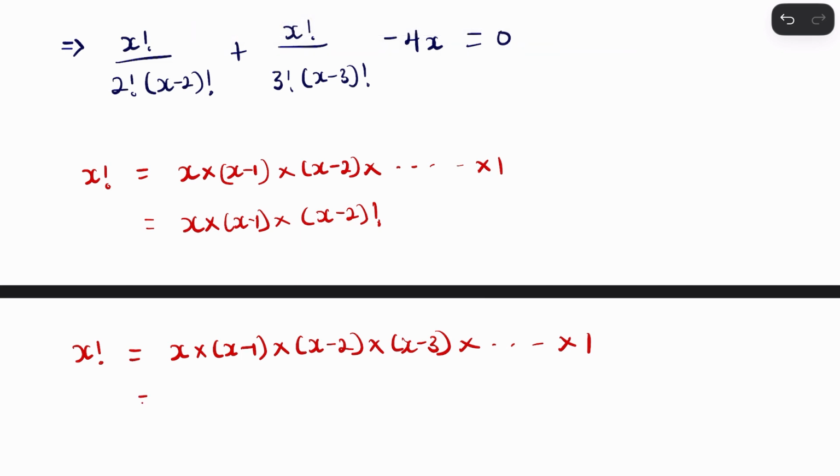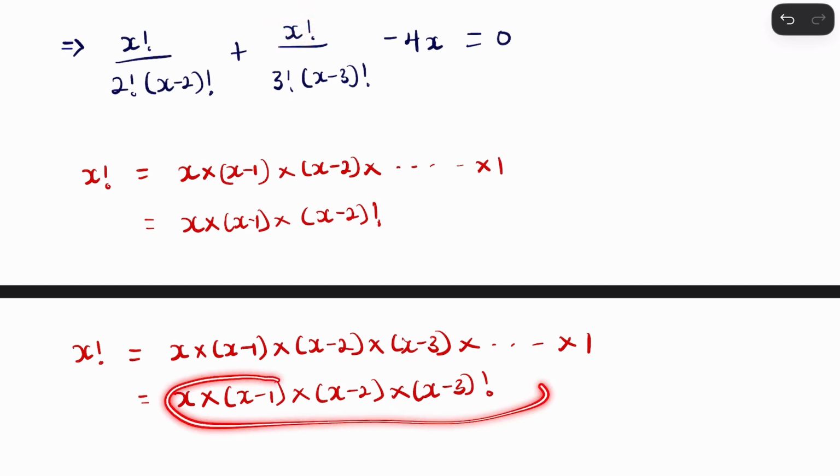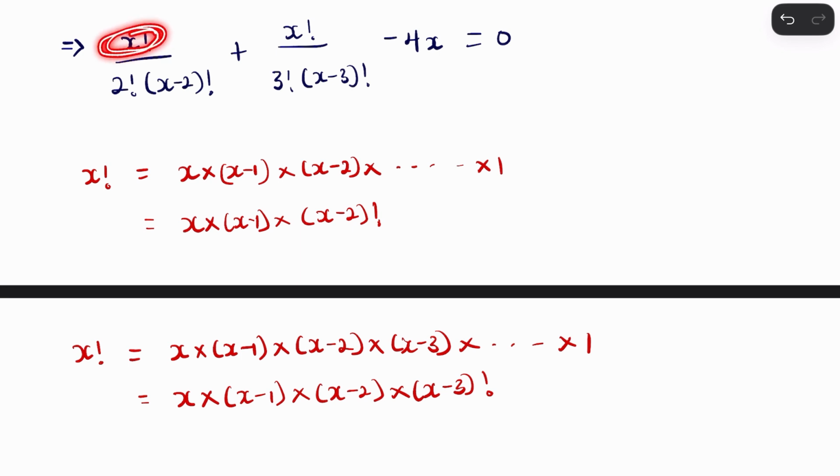And so we are going to have x times x minus 1 times x minus 2 times x minus 3 factorial, right? And so here, in place of x factorial, we are going to write this expression here, and also in place of the other x factorial, we are going to write this expression here.